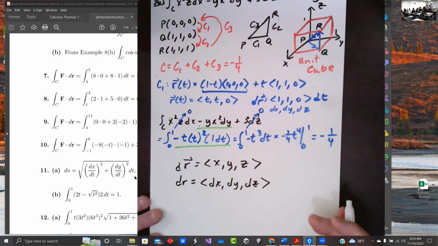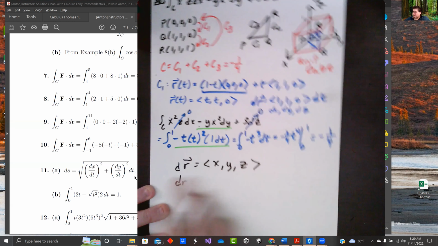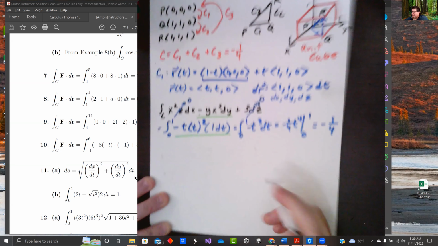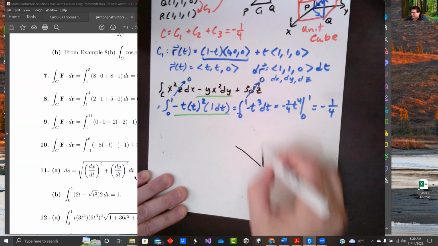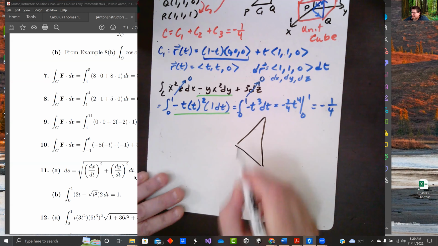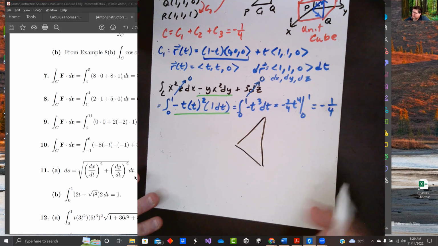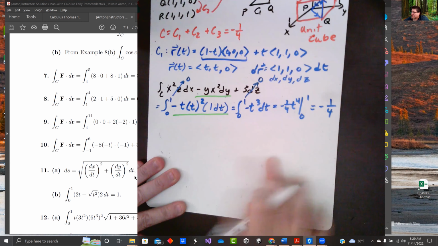That's it. If it makes you feel better pictorially, look at it pictorially. In fact, I'll use that triangle we have over there. My dr, nope, I don't want to use the whole triangle, just one vector.